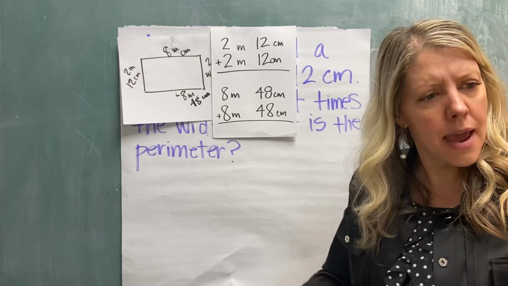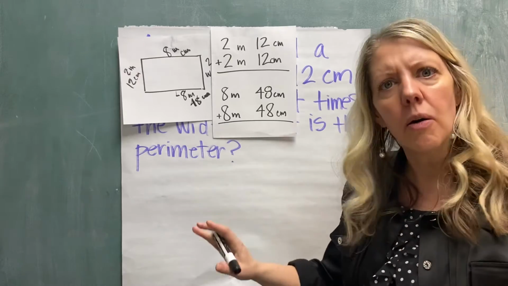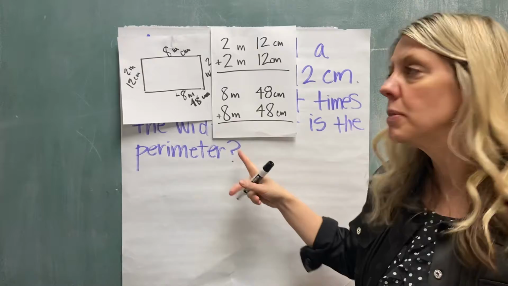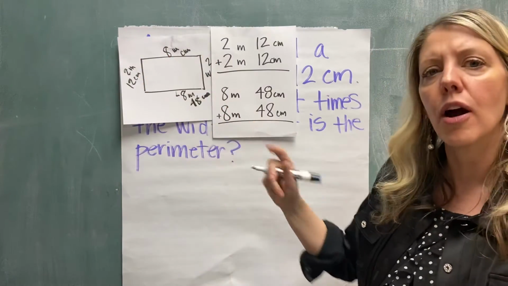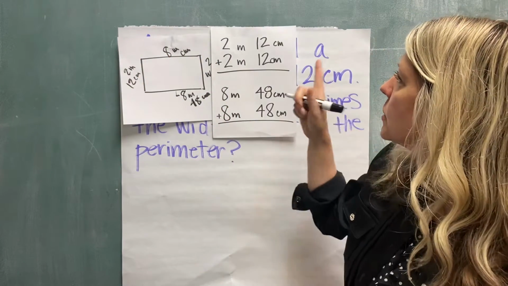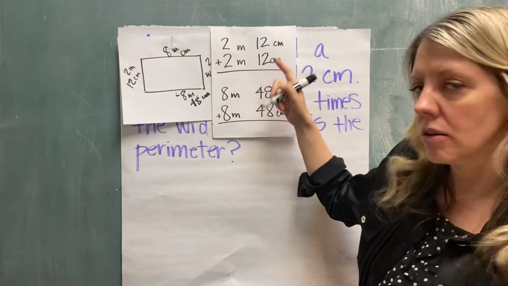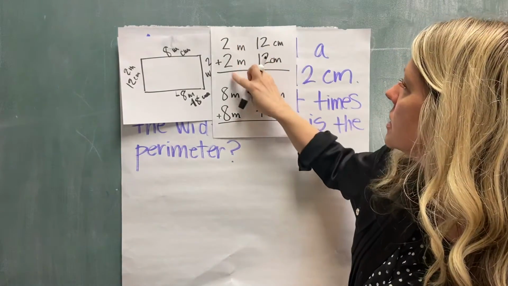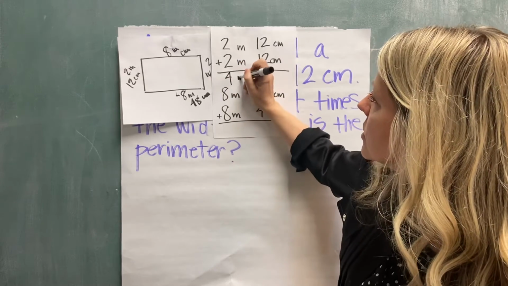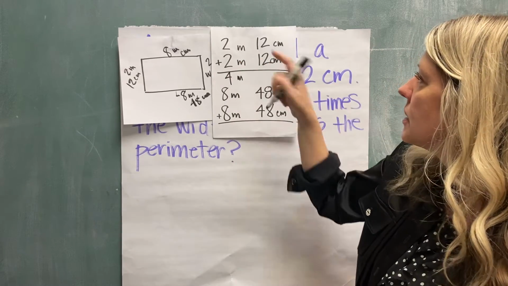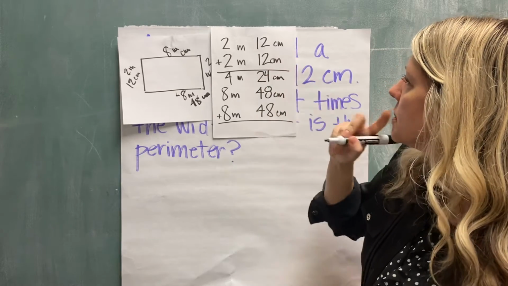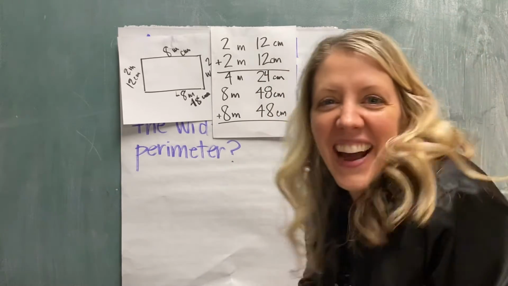Okay, now I'm gonna go to this. I need to find the perimeter, that's all the way around. I'm gonna go. Okay, I don't need to be afraid of making a mistake. This is 4 meters. Okay, I'm doing all right. This is 24 centimeters. I'm doing all right.